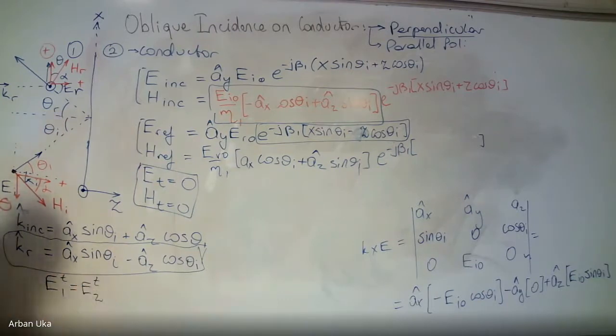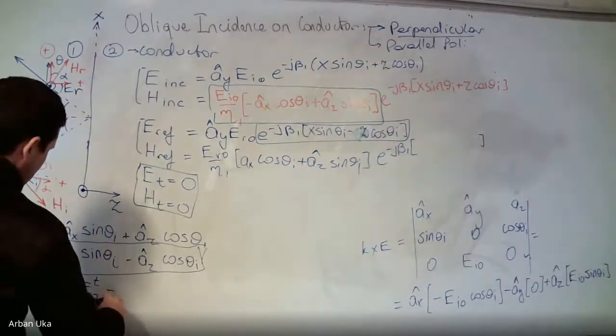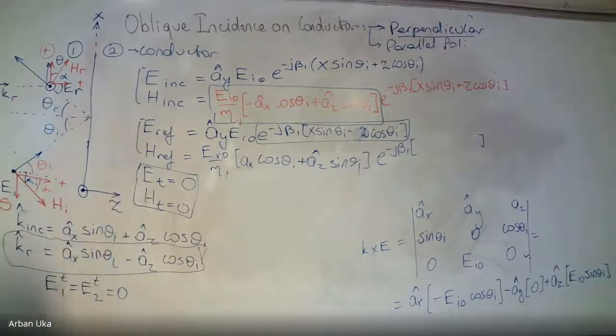So in medium 1, we should get whatever the wave is in medium 2, tangent component again. But we know that this is going to be 0 because in region 2 we have no real contribution.